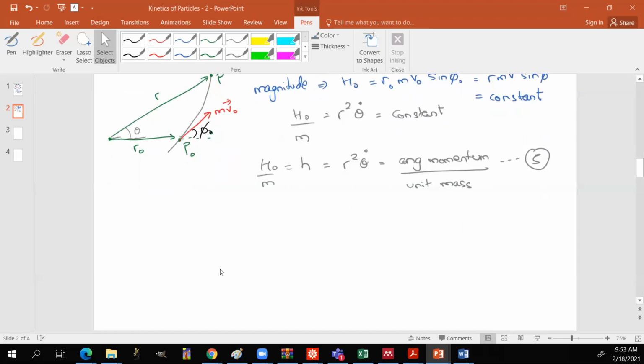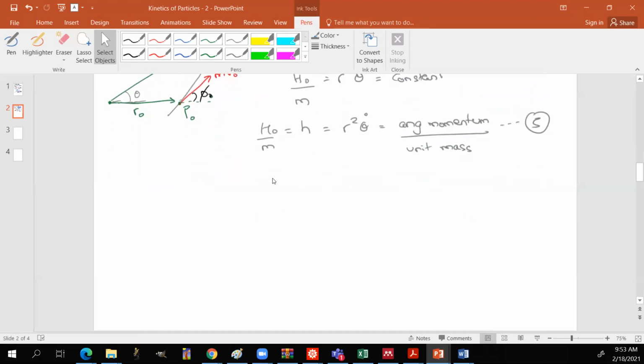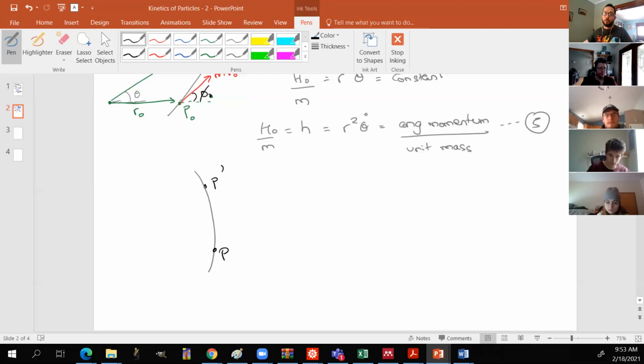So now let's look at the predecessor to what's known as Kepler's law. We're not going to go into Kepler's law in our class, but it's really interesting, and I recommend that you guys look it up, right? So suppose you've got your body, which is moving from the point P, let's say, to P prime, right? And we know that there's a central force and everything, right? So before we go on, where do you think this concept of central forces is super obvious and super applicable?